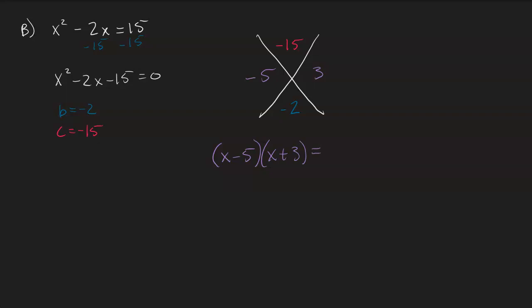Remember that equals 0 because we are finding solutions. Right away, I know that x equals 5 because the value of 5 here will make this entire thing 0. And then I know that x equals negative 3 because the value of x here, if it was negative 3, will make this entire quantity 0. Therefore, those are my solutions. Those are my x-intercepts, and those are my zeros.